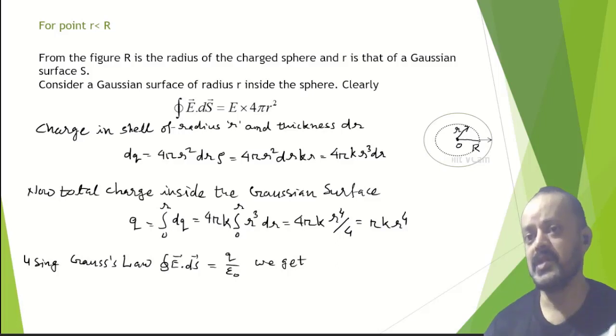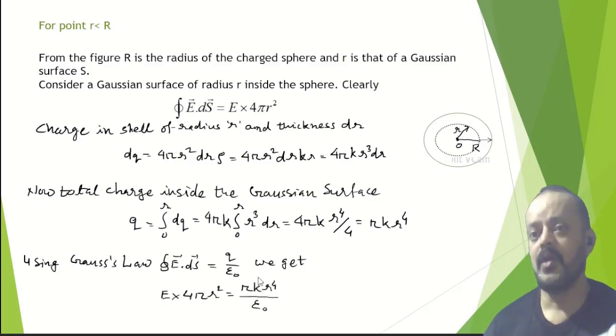Now using Gauss law, the surface integration of the electric field for the closed surface is equal to q divided by epsilon naught. As we substitute the value of q, we get E multiplied by 4 pi r square equals pi k r raised to power 4 divided by epsilon naught.